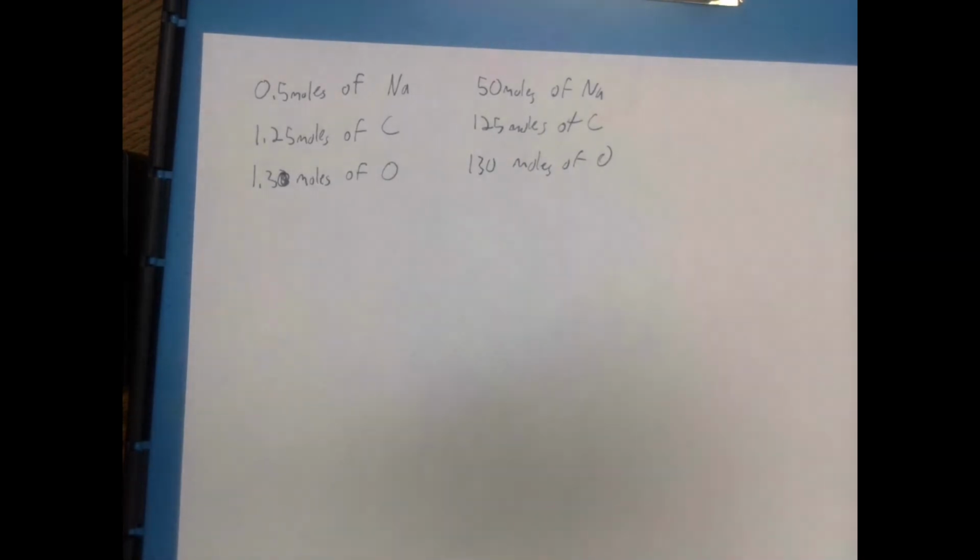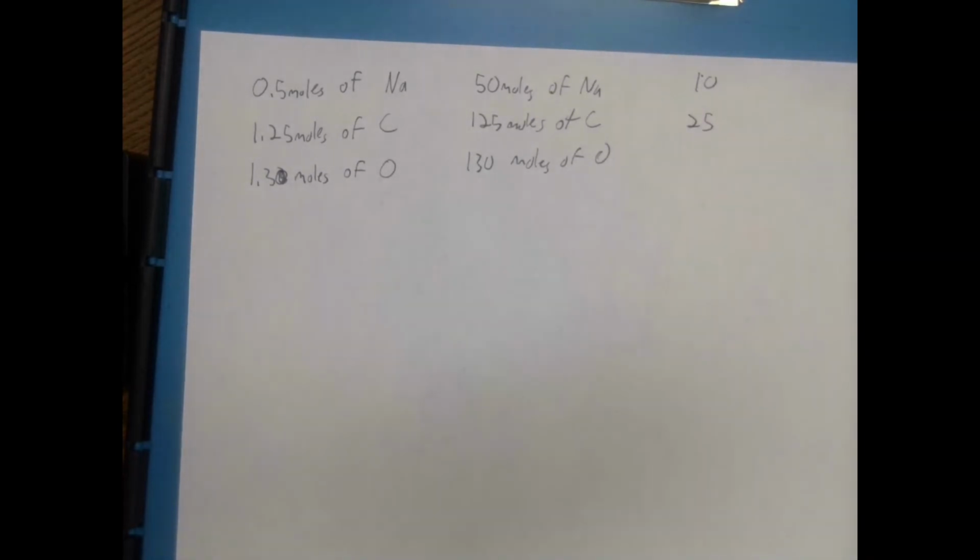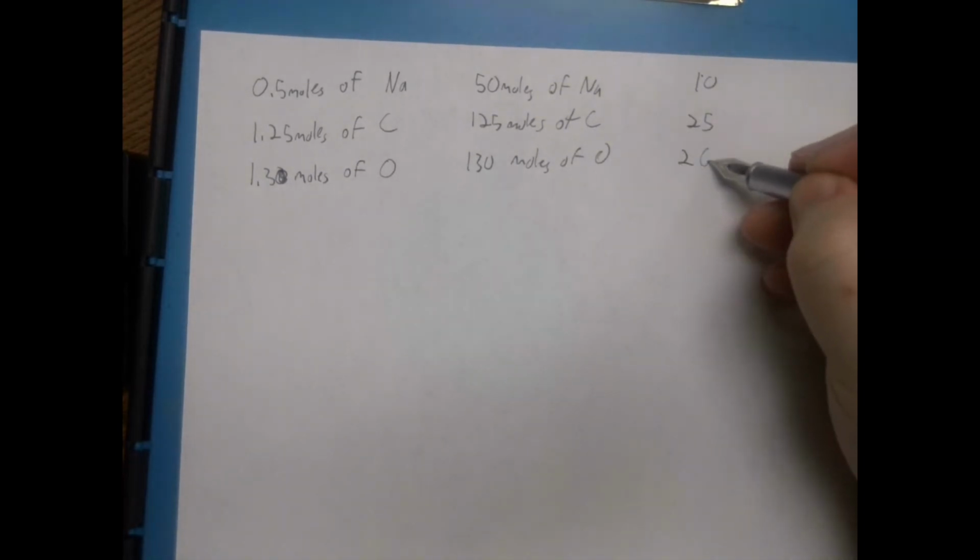Let's go to the reverse now. What is the greatest common denominator of these? Well, they're all divisible by 5, right? So we can all divide them by 5. So that's 10 moles of that, 25 moles of this, and 26 moles of this.